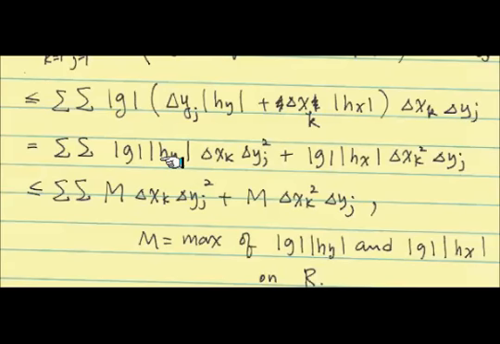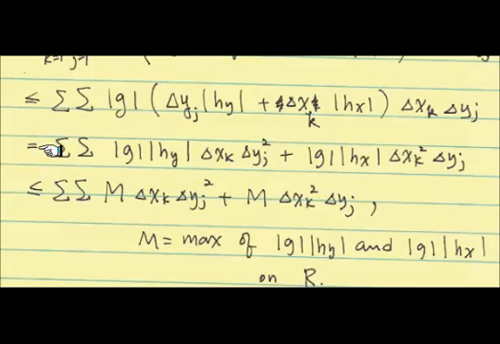This is absolutely bounded by some absolute number. So altogether, g times hy, or g times hx, everything is bounded by a single number which is determined by these functions and the region R. So if I replace this thing with this m, I'm making the quantity bigger.